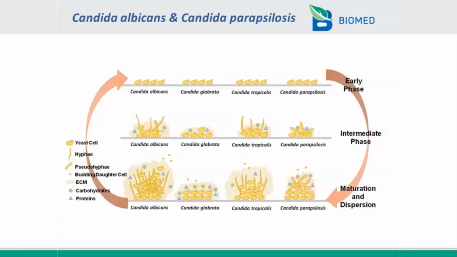Albicans is the more aggressive of the Candida organisms, and albicans recruits a lot more raw materials from the body to create its biofilm, whereas parapsilosis doesn't have the same bang, if you will, that albicans does. It's kind of like albicans is your starting line, and parapsilosis is the backup or the second string. So just to give you that picture.